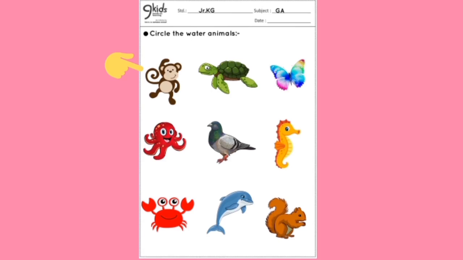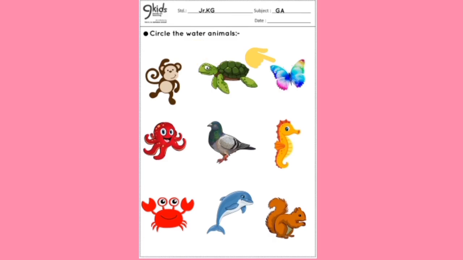First picture is monkey. It is not a water animal, so we will not circle it. Second, turtle. It is a water animal, so we will circle it. Third, butterfly.